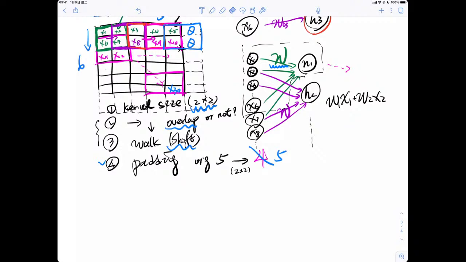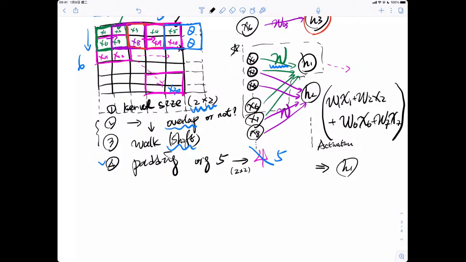Let's use this example. The green one should be w6 x6, w7 x7, right? If you use this example, we sum the weights times the input values and maybe pass the result through an activation function, and the result will be the input value of hidden neuron 1. So basically you multiply the weight and the original value.